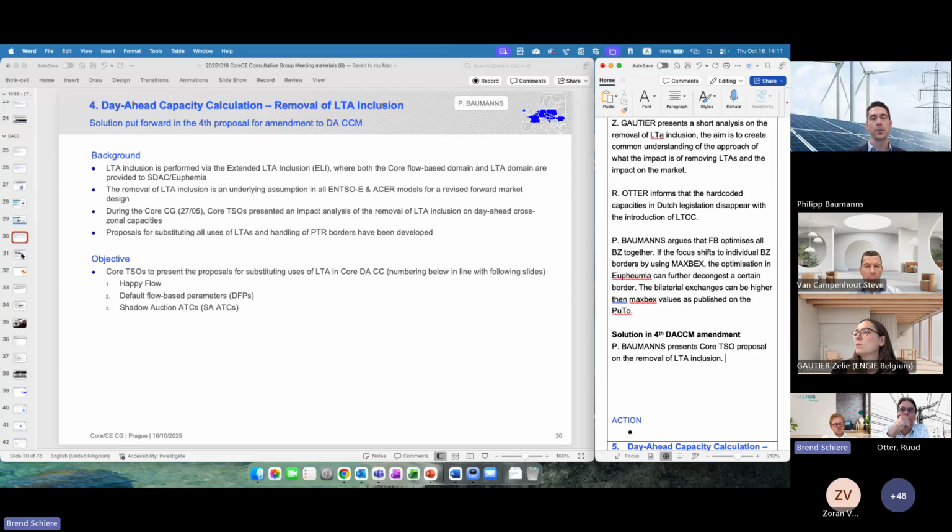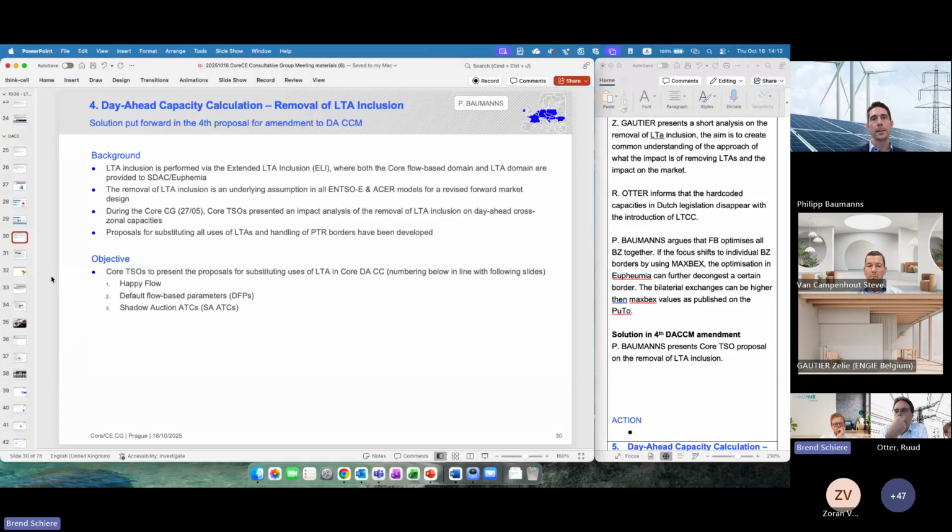With the LTA removal, this won't be possible anymore. The LTAs do not exist anymore. They are different values, and the ELI approach will not exist anymore. So we will have a solution for that. And today, the ATCs for the general options are based on the long-term capacities as well. And we have developed for the amendment a proposal for all of these 3 objectives. Starting with the happy flow on the next slide.